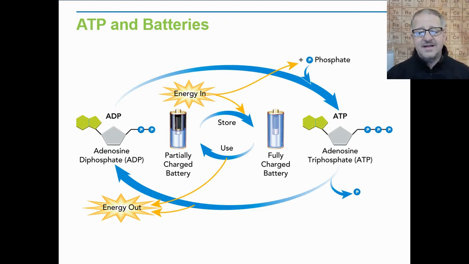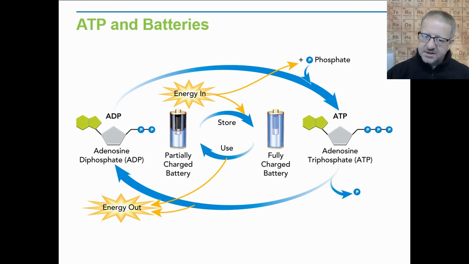Well, if you're thinking that it's like a cell using energy from ATP as it releases a phosphate group, you would be right. So what activity in the cell is like the charger recharging the battery? Well, it's kind of like the process that adds a phosphate group to ADP, which can basically recharge ATP.